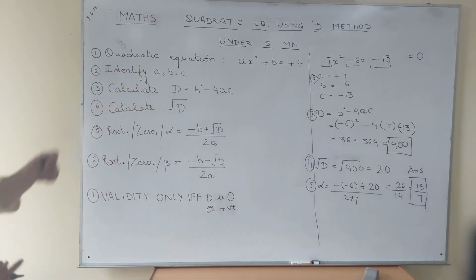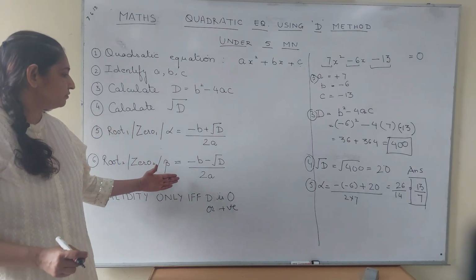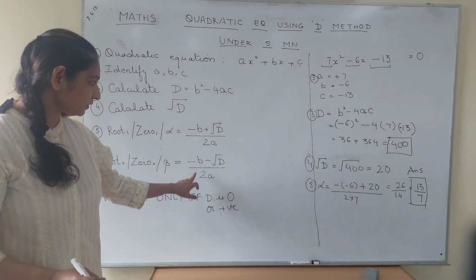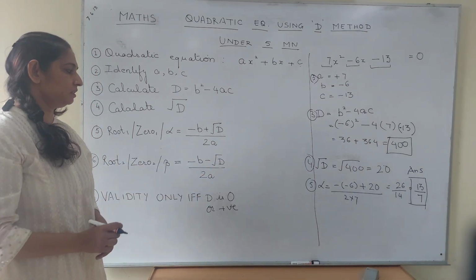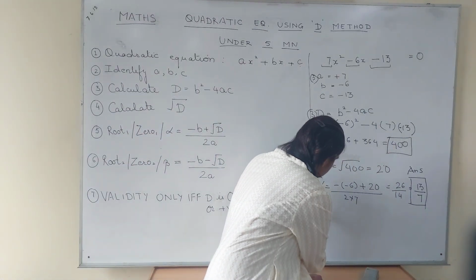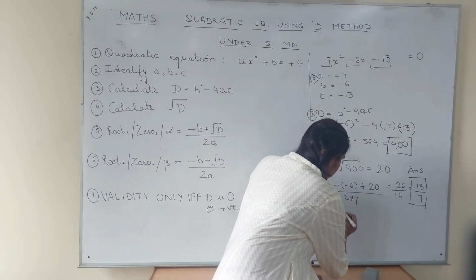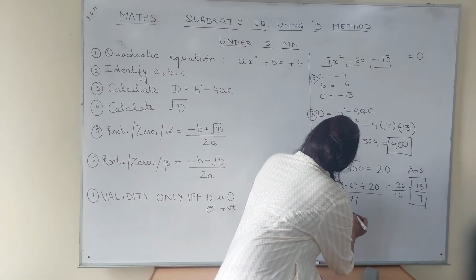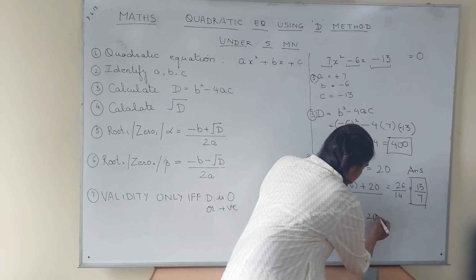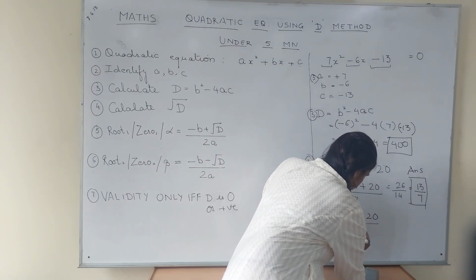Now quadratic equations always have two roots, two zeros, alpha and beta. We find beta. Again the formula is very clearly written: (-b - root D) upon 2a. So beta is minus of minus 6, minus 20, upon 2 into 7.